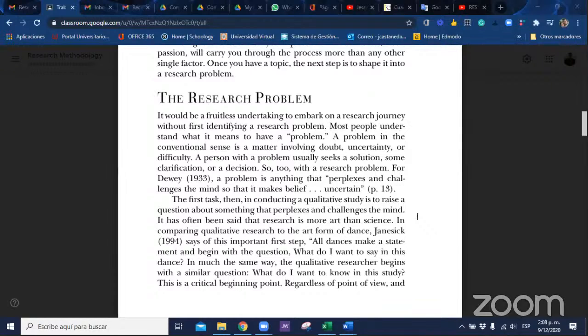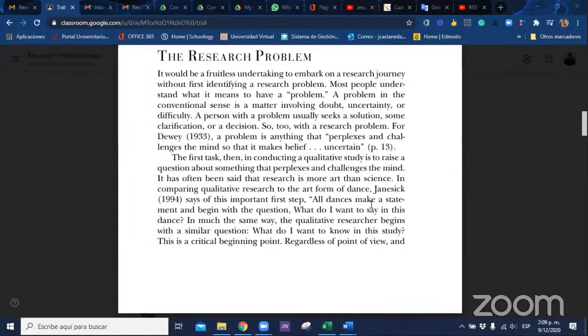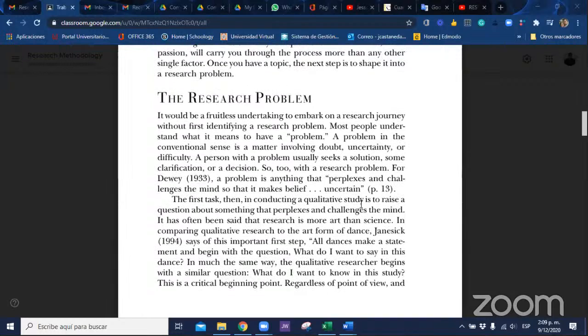The first one is the context. So what is going to be the context you are going to work on? What are going to be the people you are going to work with? What is going to be the moment that you're going to intervene with the people you want to work with, right? So the context is a very important aspect in the research problem.